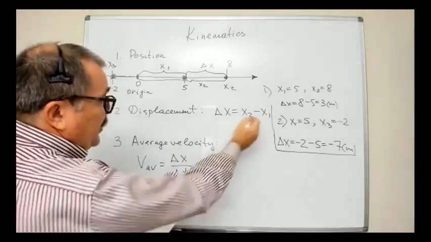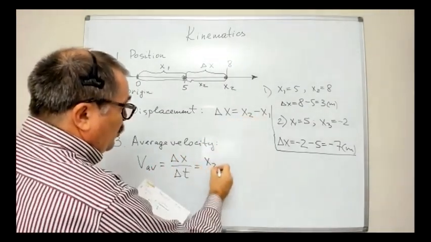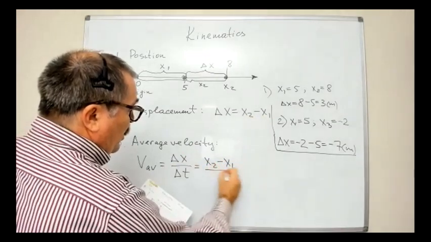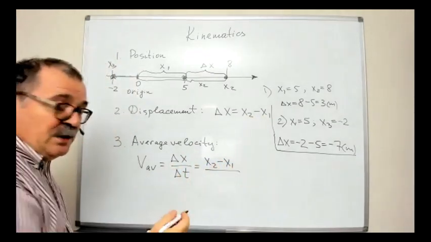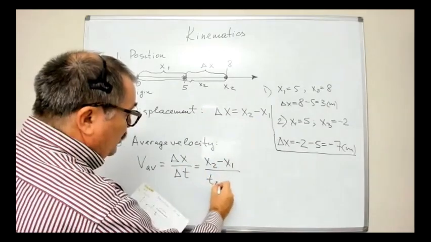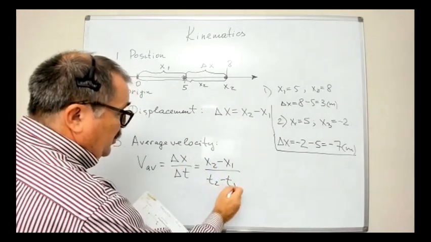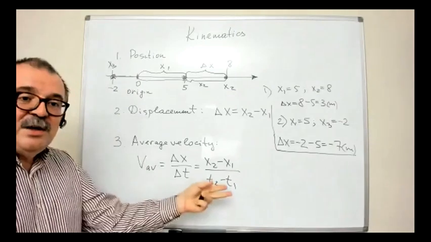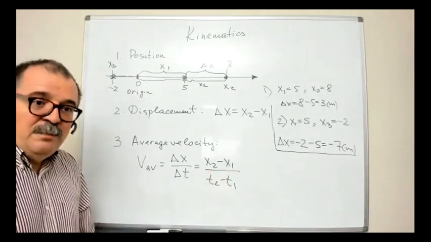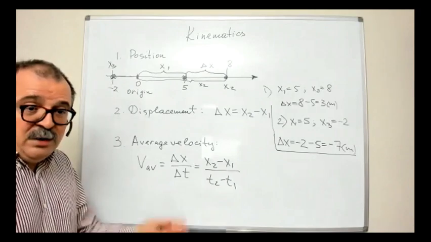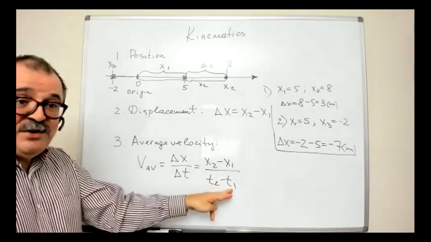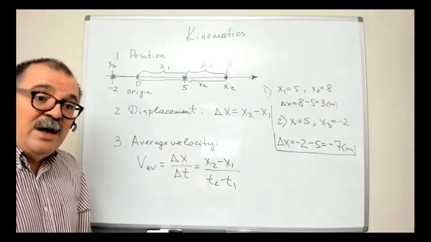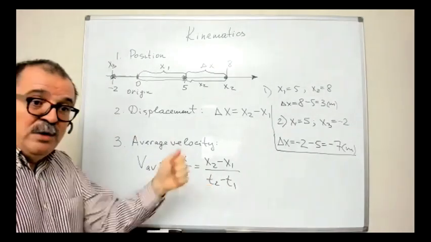We can decompose it. What is delta x? Delta x is x2 minus x1, and the time delta t is t2 minus t1. So t1 is the time when you start your timer, and usually t1 can easily be put to zero when you start your timer, and t2 is when you stop your timer.